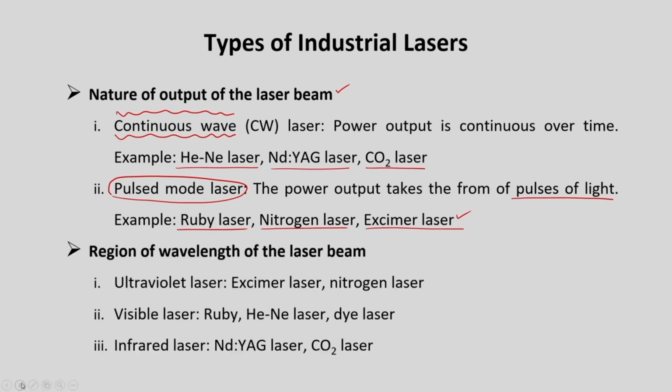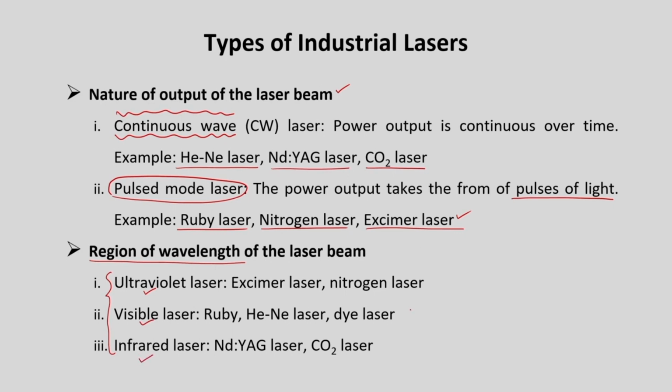Then we can classify the industrial lasers based upon the region of wavelength of the laser beam. We have already seen that there are 3 classes of lasers based upon the wavelength: ultraviolet, visible and infrared.